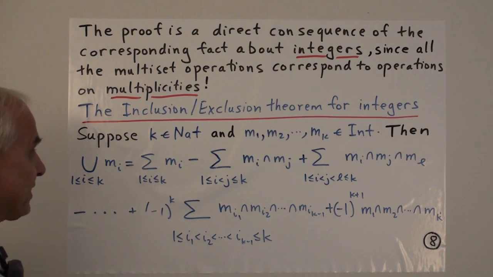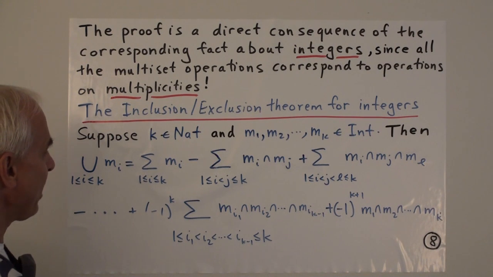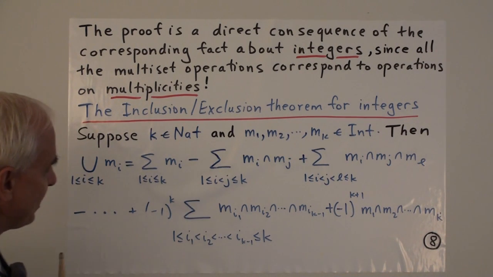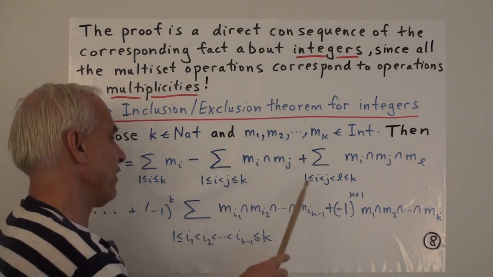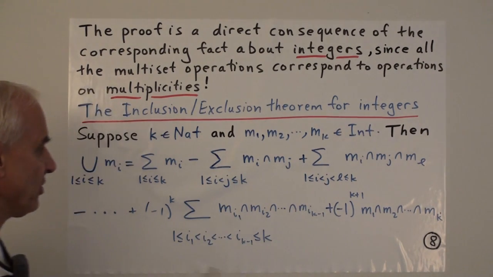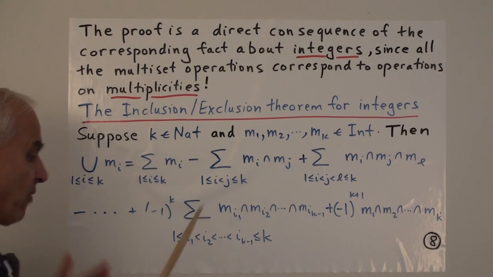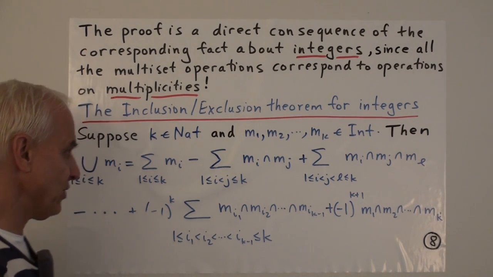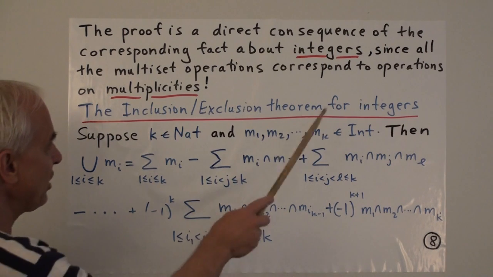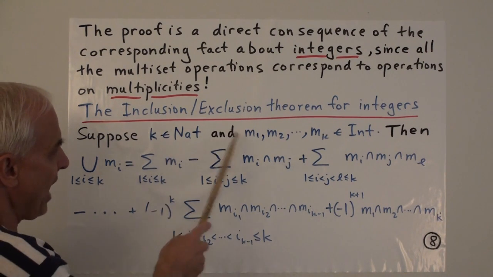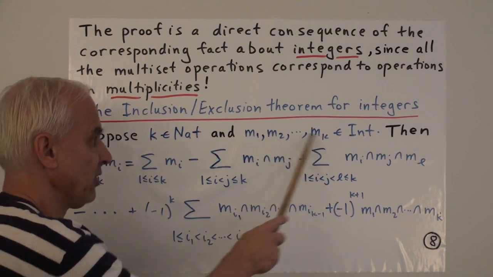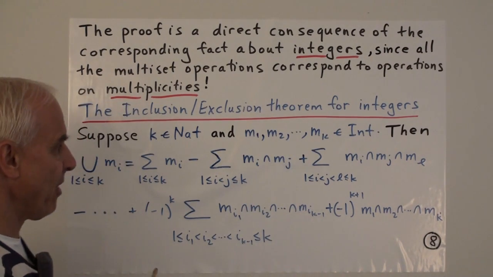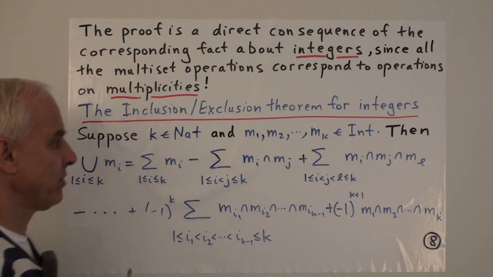And the statement for integers is really pretty well exactly the same, but I've taken the liberty of giving you a different way of writing it, because often we have this sort of summation notation, so it's good to have some experience in rewriting what we've done using the summation notation. So for integers, suppose we have k integers, m1, m2, up to mk. So these are little m's representing the fact that they're integers.